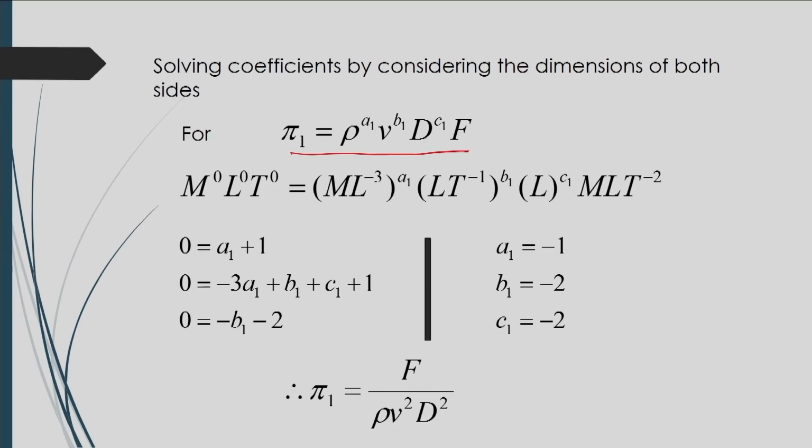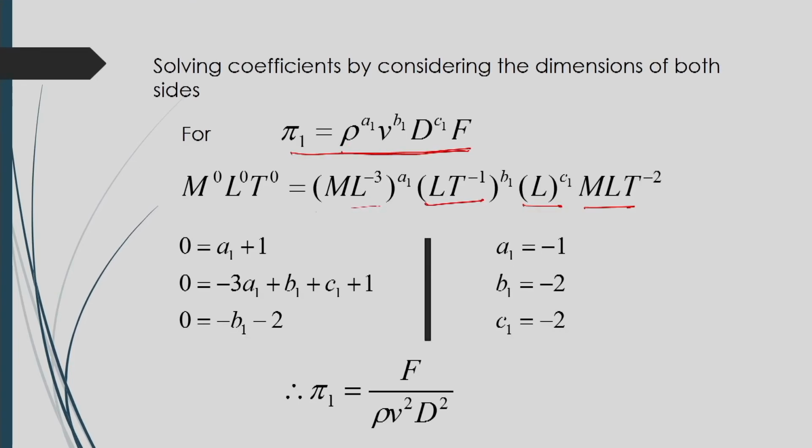Similarly, for the right hand side, if you note down the dimension of rho, it will be m l to the power minus 3, with a power a1. So these dimensions are to the power a1. Similarly, for v, for d, and for f also you have to write down like this.